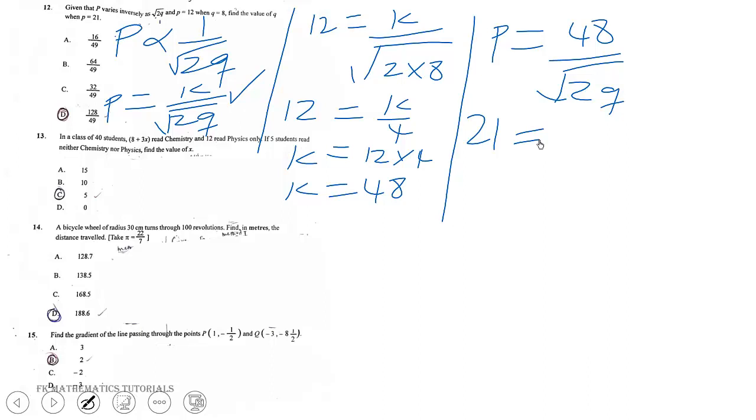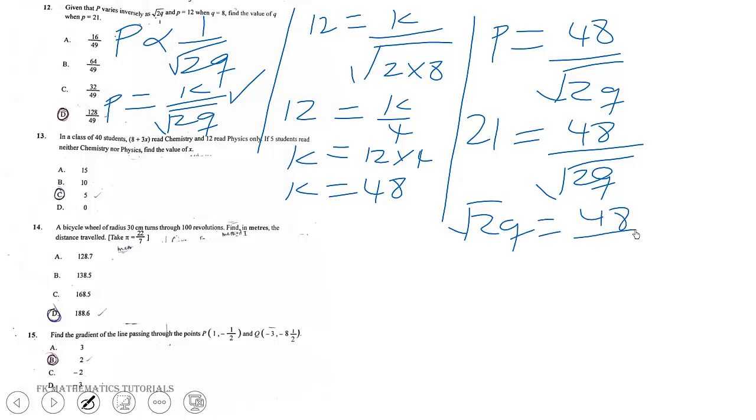So we substitute 21 for P, and we can swap the positions. Root of 2Q will be equal to 48 over 21, and 48 over 21 is the same as 16 over 7.